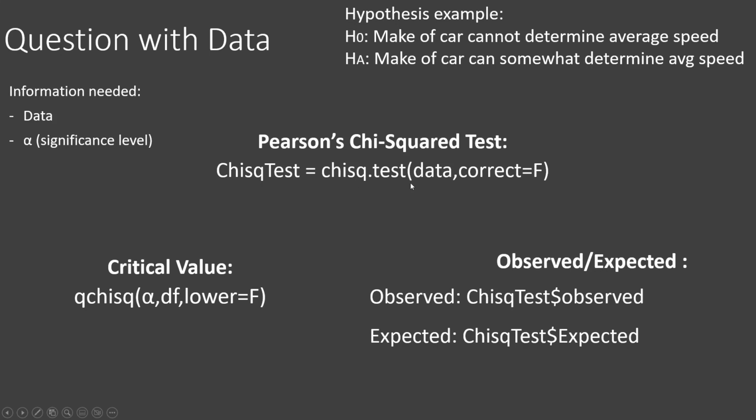Then if it does ask for expected values, you can just do the name of your test, dollar sign, expected, and it'll give you the expected values in a table format. Also, if you need your critical value, you just use qchisq, your alpha, your degrees of freedom, and then lower equals F. Your degrees of freedom you'll get from your chisq.test.